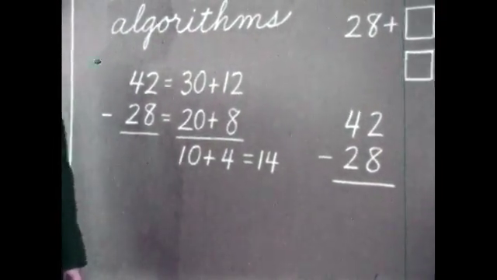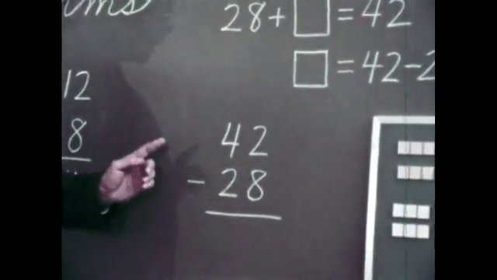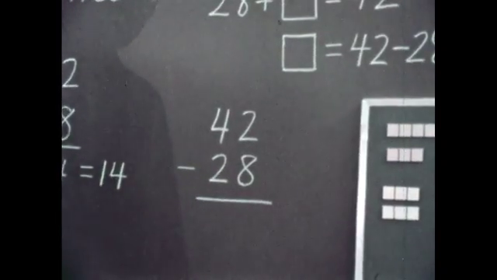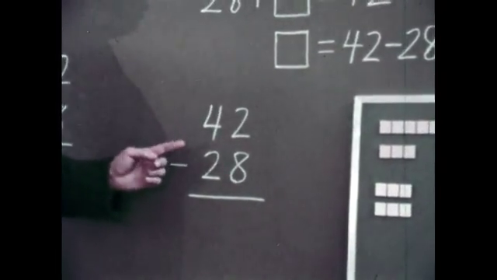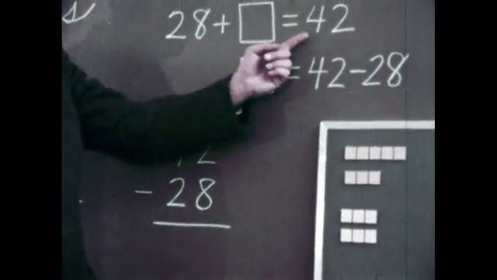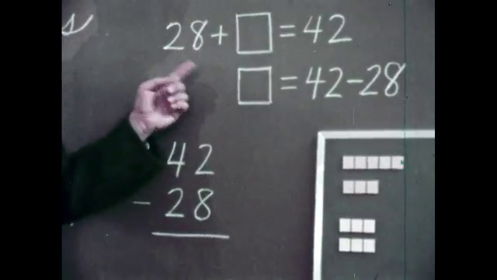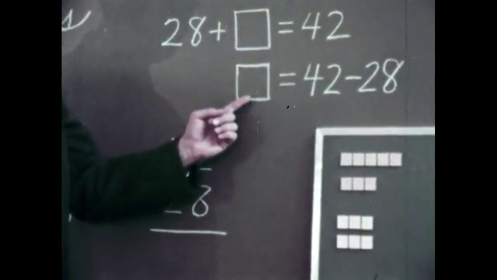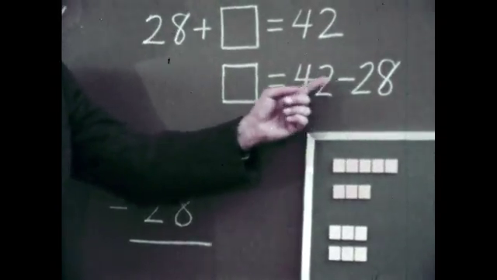Now let's look at another procedure for computing that is a bit different. We want to find the difference of 42 and 28. Recall that if a sum and one of a pair of its addends are given, the missing addend is the sum minus the given addend.